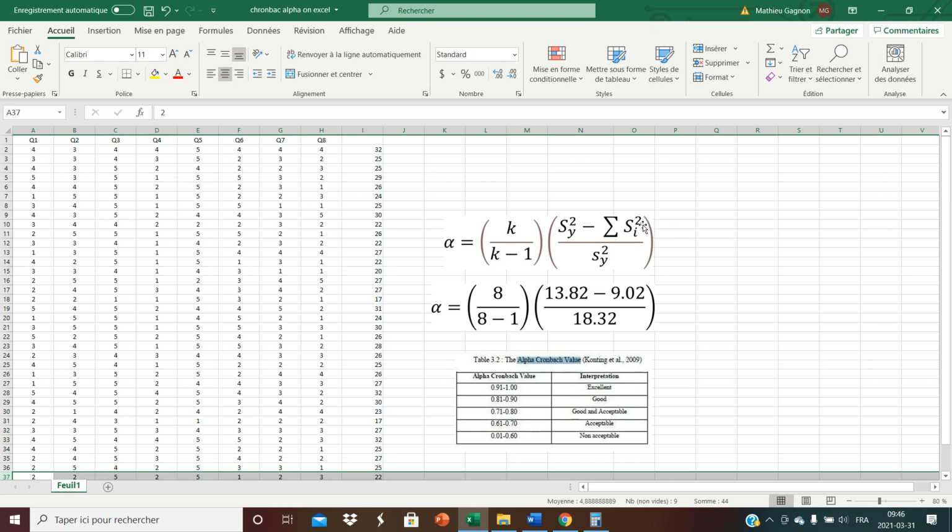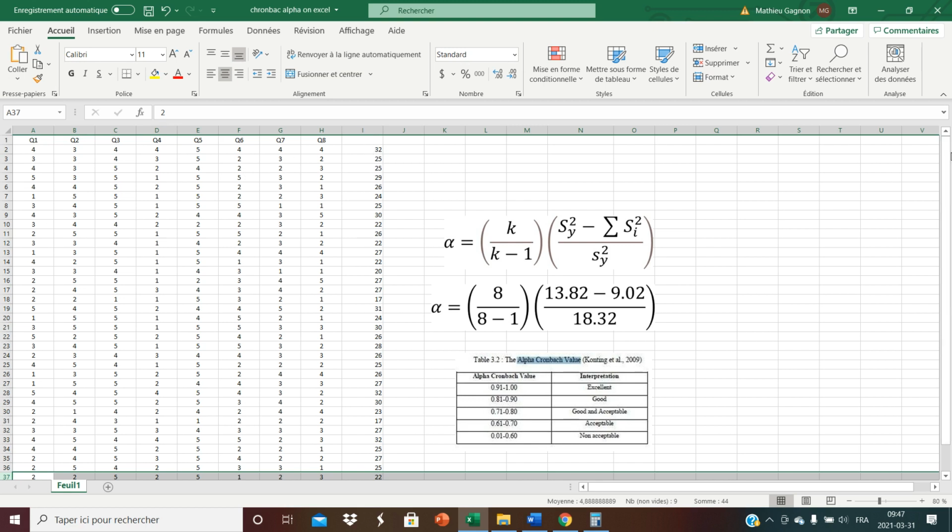Right? This, by the way, is the S square I. The S square I represents the variance for this, the variance for that, the variance for this, the variance for that. Okay? And we also need this thing called S square Y. Si je fais le total de ces scores-là, le total pour cette personne-là à la mesure, elle a eu 32, le total pour cette personne-là, elle a eu 25, le total pour cette personne-là, elle a eu 25.